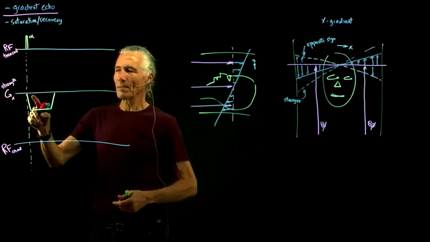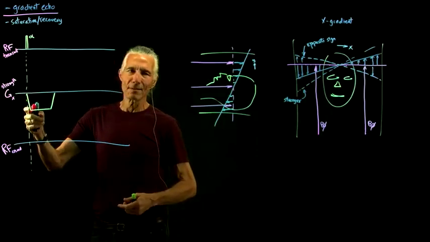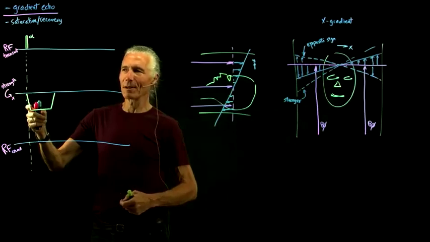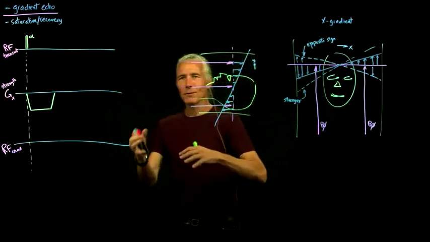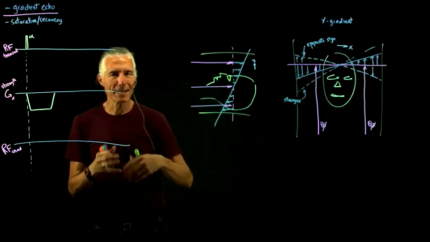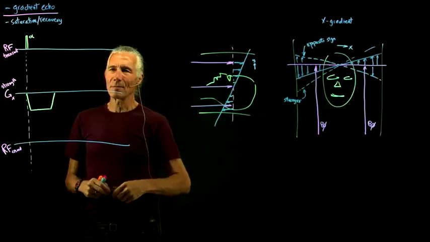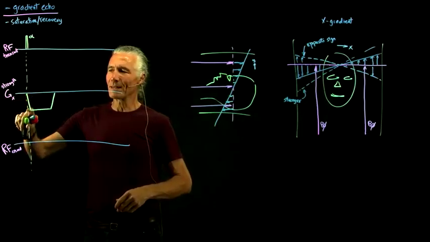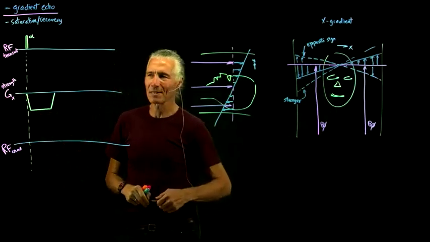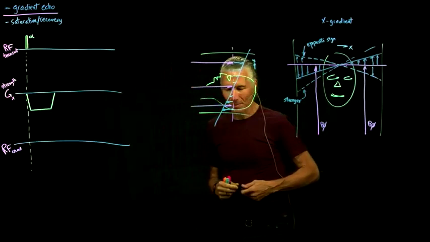So if you really suddenly turn the gradient on with your 1.5 million watt amplifier, it's going to cause all these currents to flow around in the metal of the magnet, and that can cause trouble. So you can't turn it on infinitely fast. There's a little bit of a ramp to it, and that's why we always have those ramps.